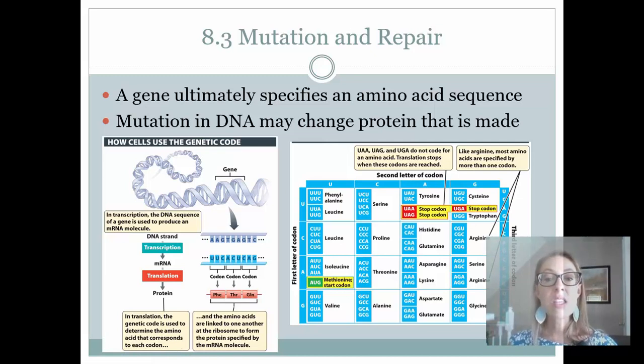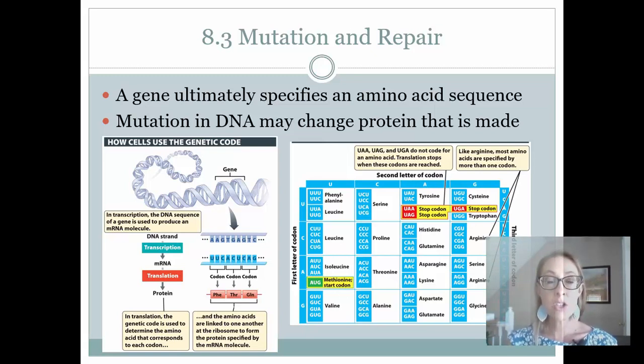AUG is the codon that codes for methionine, and it is responsible for starting all of our different proteins. AUG will be at the beginning of every messenger RNA that's made. That's how ribosomes know where to start.